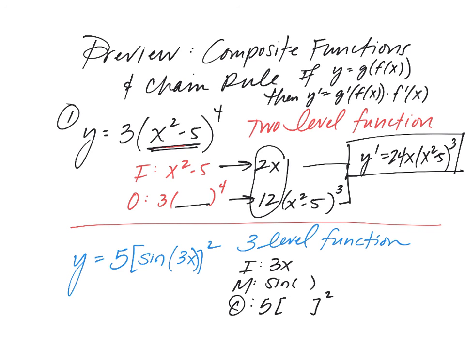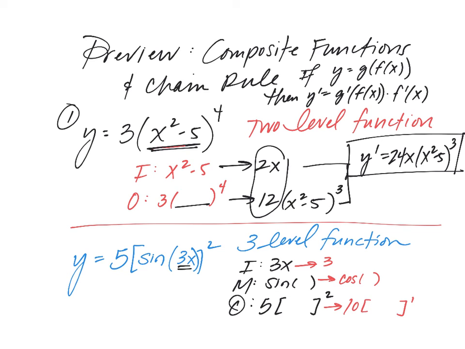Now, obviously, it's going to get more complex when we have more levels. So here on this second example, I'm going to take the derivative of each level separately. The derivative of 3x is 3. Now, we haven't talked about this yet. Maybe you've predicted it based on some of the problems we've done. The derivative of sine is cosine. And the derivative of 5 times something to the second power would be 10 times that same thing to the first power. Now again, here's the cool part.